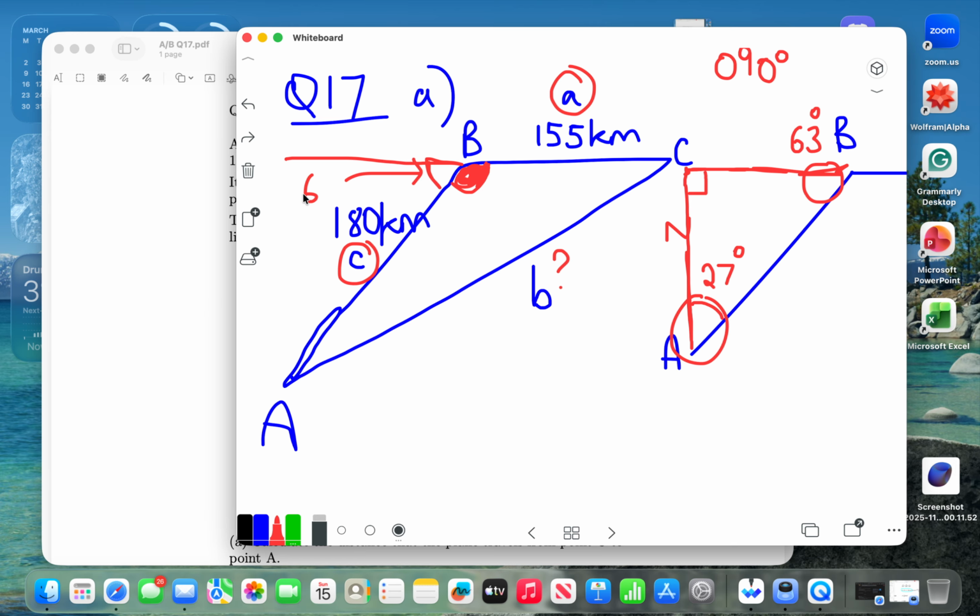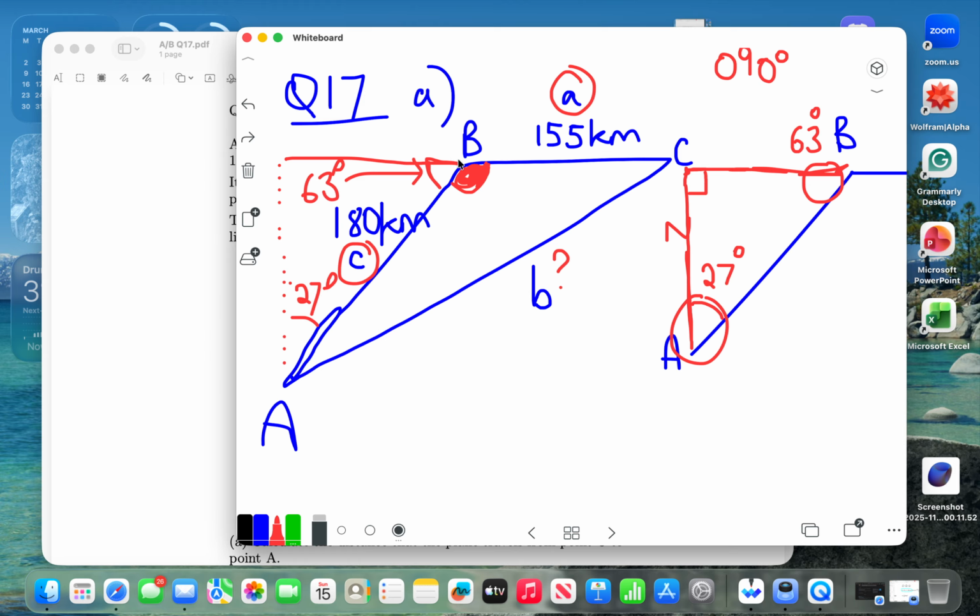It would be this one, because if you drew an imaginary line as I did in this one, and we know that's 27, then that must be 63.